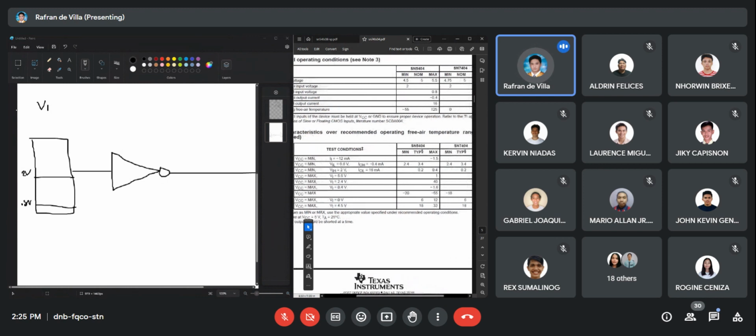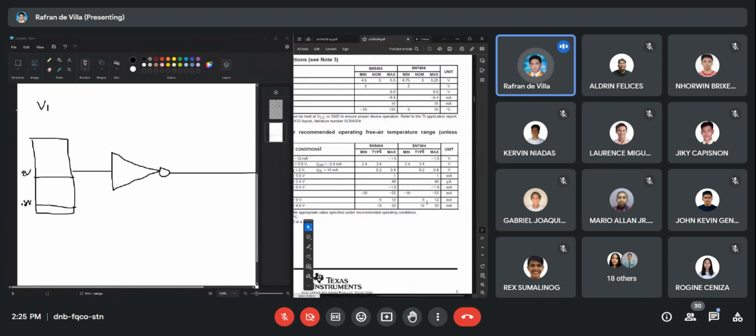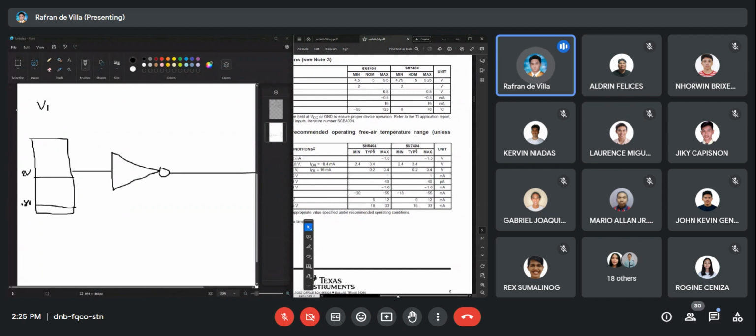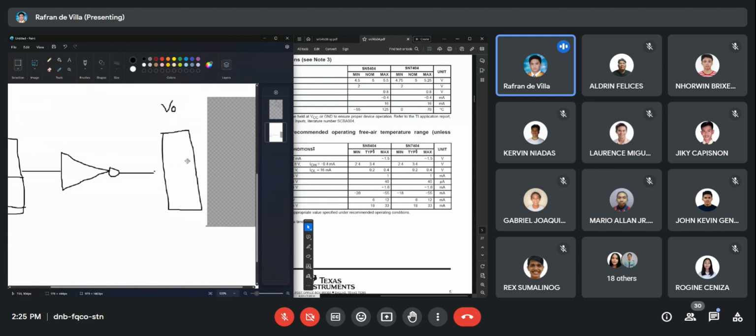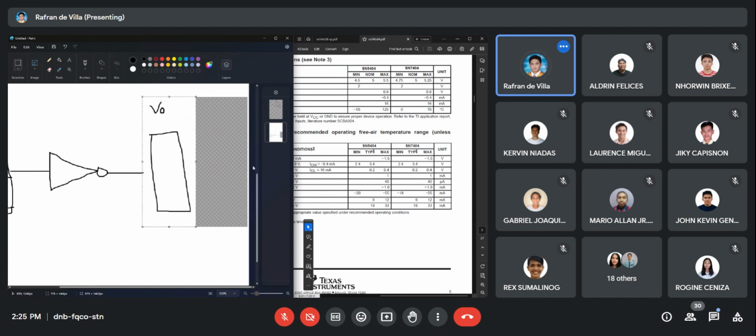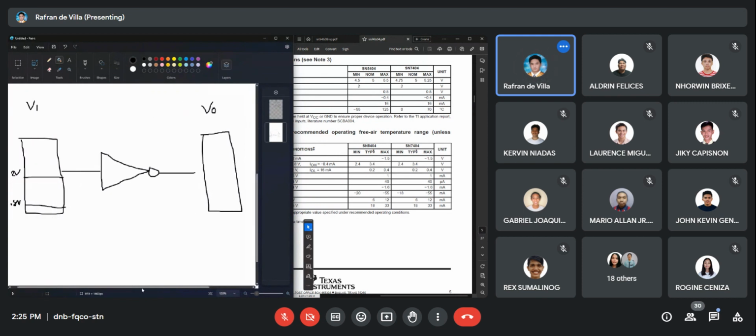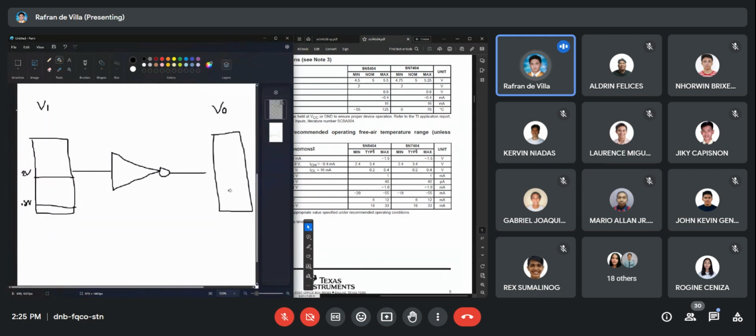Nya voltage output high typical is 3.4. So something like this. So 3.4 ang typical, yung minimum is 2.4.